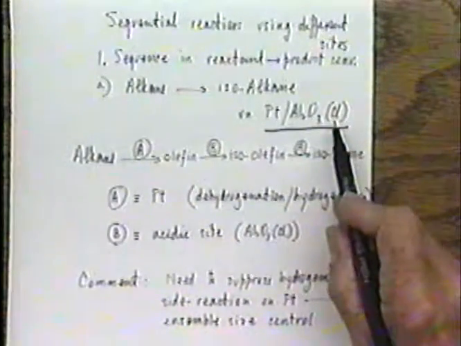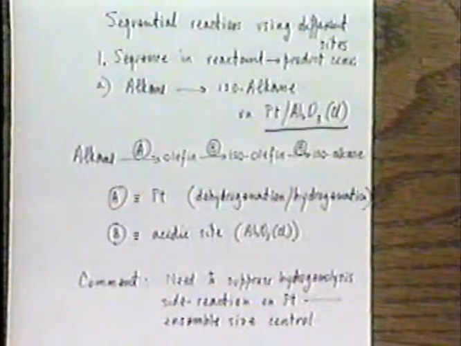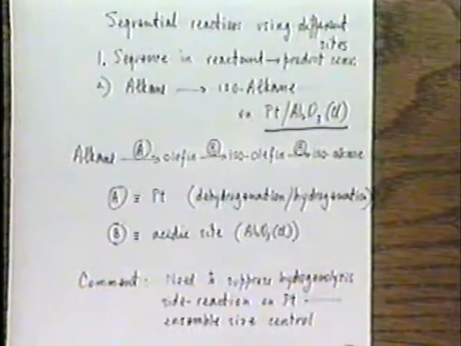The Cl in brackets here is to remind you that the acidity, the Bronsted acidity, or the acidity in general of alumina, is usually enhanced by treatment with chlorine-containing compounds, and that increase in acid strength usually is thought to arise due to some sort of synergistic effect between chlorine bound to the surface of the alumina and neighbouring hydroxyl groups.